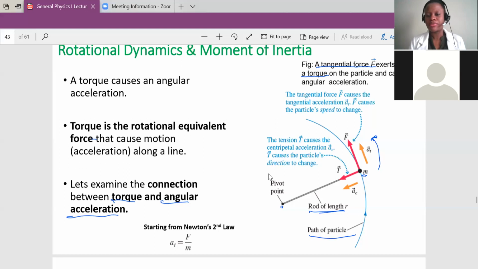So what we mean by that force causing tangential acceleration is that it's causing the particle's speed to change. We can also say it this way, that it is causing the angular velocity to change. So whatever twist we give to it, we are saying the same thing.